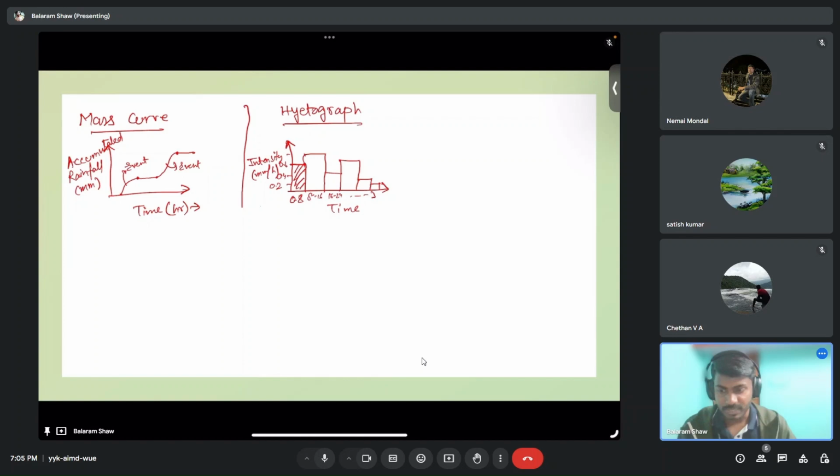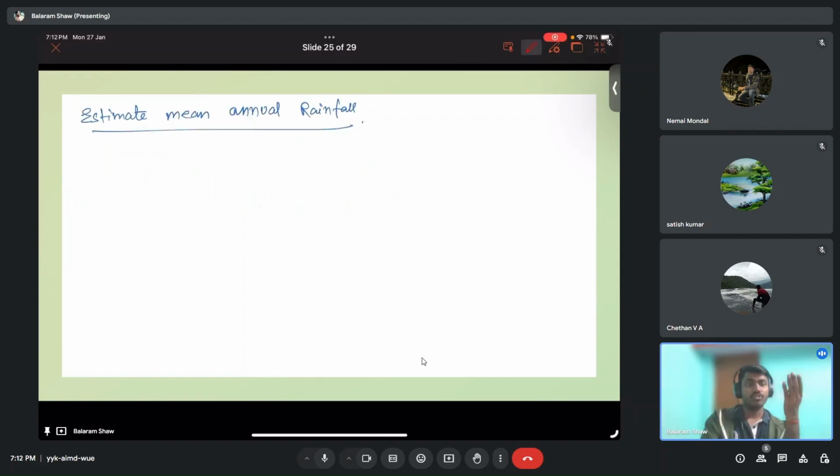Now we need to know the rainfall characteristics over a region, or over, let's say, a catchment or watershed. Then we convert this point rainfall at various stations into an average over a basin or an average over a catchment. So for that we go for this estimation of mean annual rainfall.